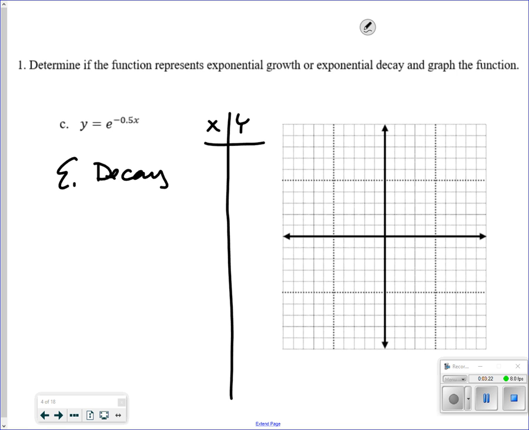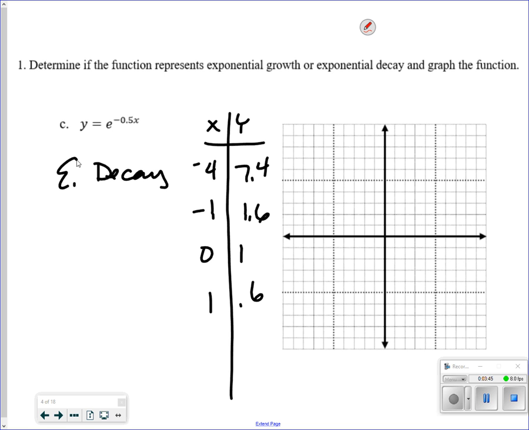Give me 1 second. All right. So plugging in some numbers here. Looks like negative, I'm going to go a little further. -4, 7.4. -1, 1.601. 1.6. And so that gives me a good idea of what to graph.